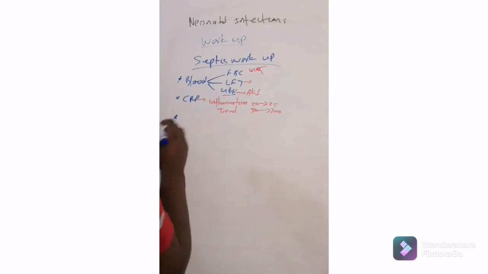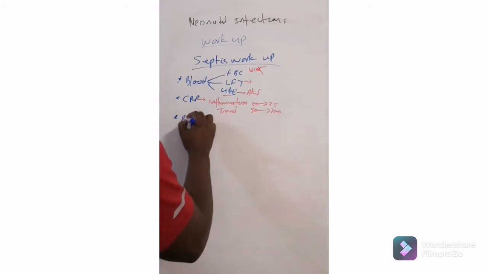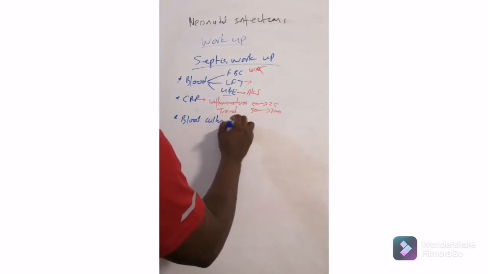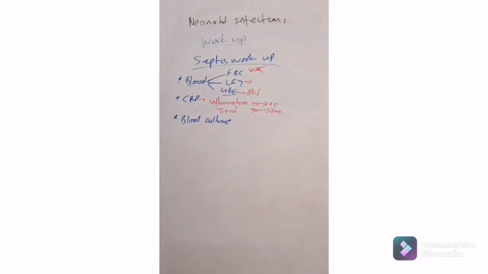Another one that is a gold standard is a blood culture. Blood culture, very, very important. Because as much as we said that the causes of sepsis for early onset are like group B Streptococcus, E. coli, there are other bacteria that can cause it. The same applies with late onset.